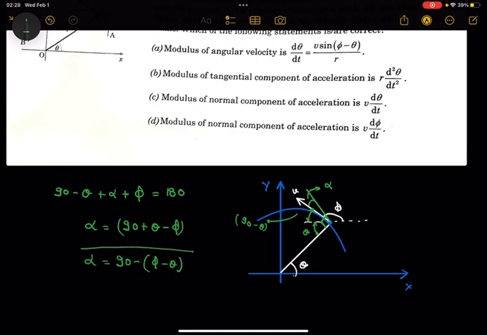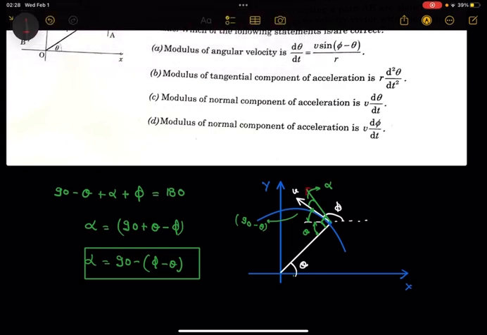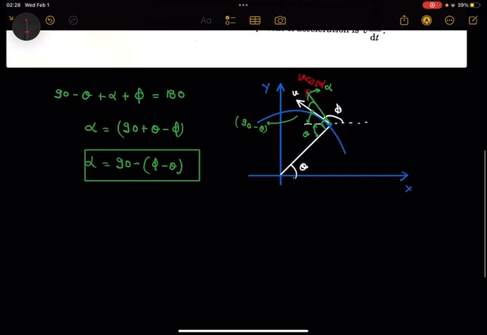Okay, now if you see this v, then the v component along this direction is v cos alpha. This is a perpendicular line, so the modulus of angular velocity omega, which is d theta by dt, is nothing but the perpendicular velocity divided by r at any instant.